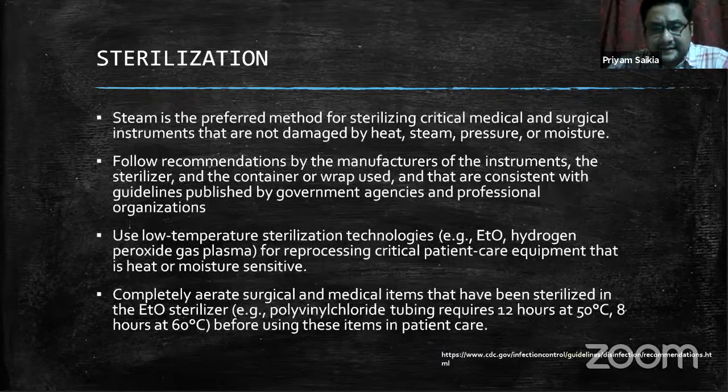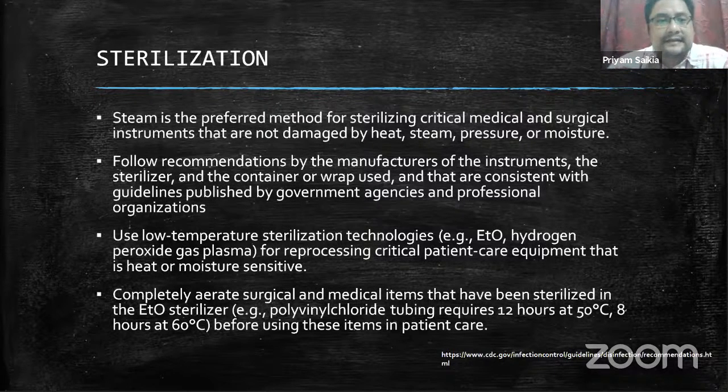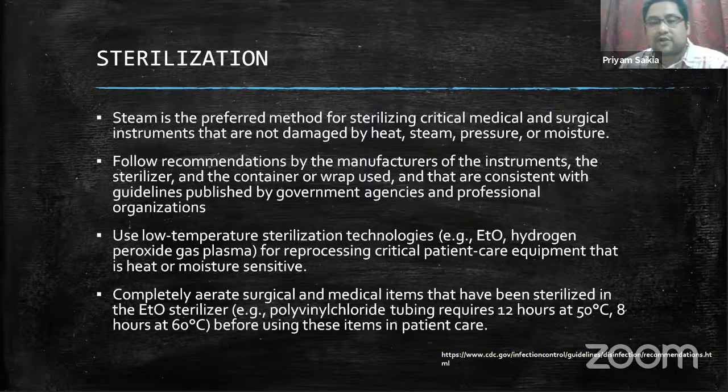CDC has given extensive recommendations regarding sterilization, how to sterilize, and how to monitor sterilization. Here I have mentioned only a few salient points. CDC recommends that steam is the preferred method for sterilizing critical medical and surgical instruments that are not damaged by heat, steam, pressure, or moisture.